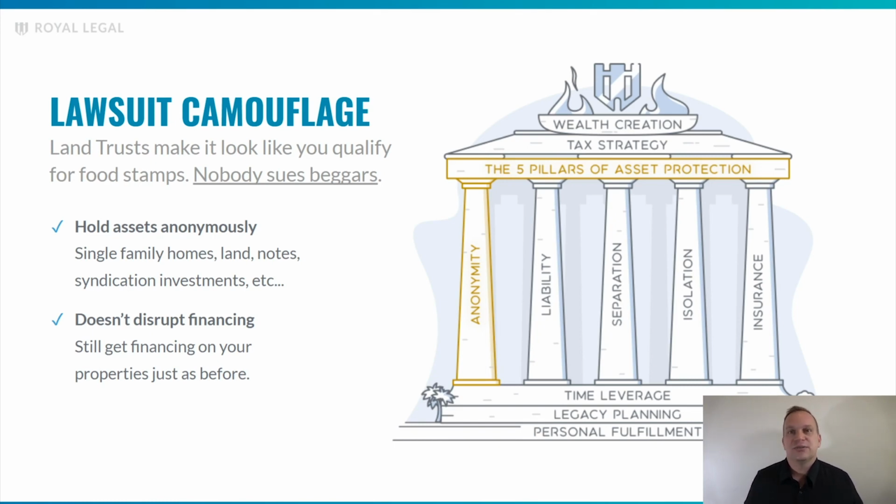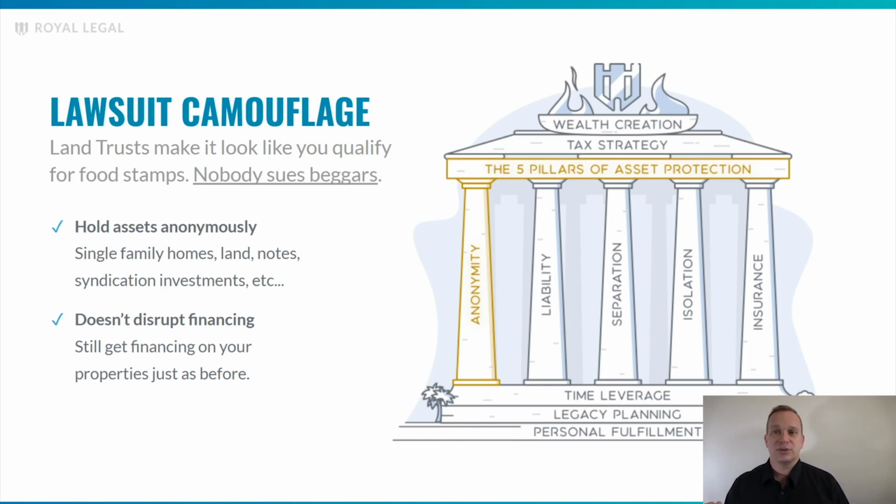So you can see here inside of the Freedom Temple, we've highlighted the anonymity pillar that a revocable trust would provide you with. This lets you hold your assets anonymously, whether it's a single family home, your land, your notes, your syndication investments, whatever it might be.